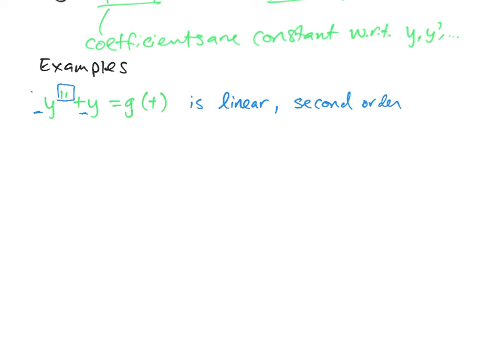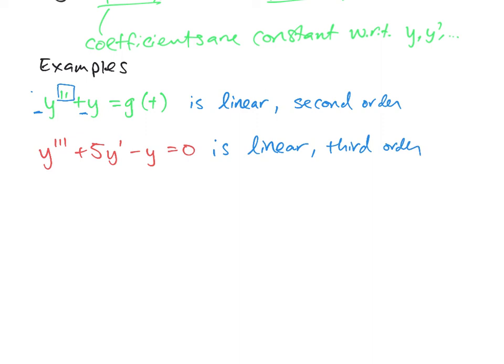So next example, y triple prime plus 5y prime minus y equals 0. And this is also linear because we don't have anything crazy going on with the y's. And it's third order because our biggest derivative is 3.